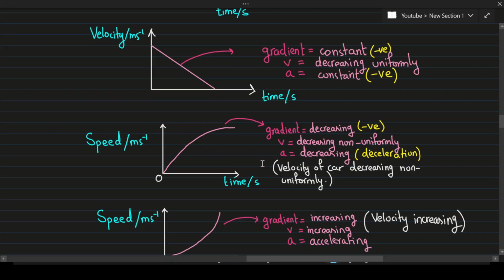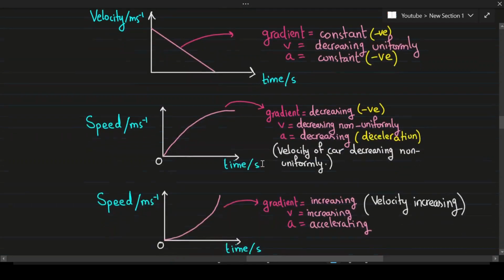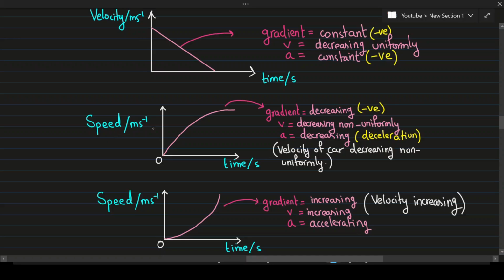Then if we get a curved speed-time graph, and I draw the lines here, I can see that the gradient is gradually what? Decreasing. The gradient is decreasing. Similarly, the acceleration will be decreasing non-uniformly.